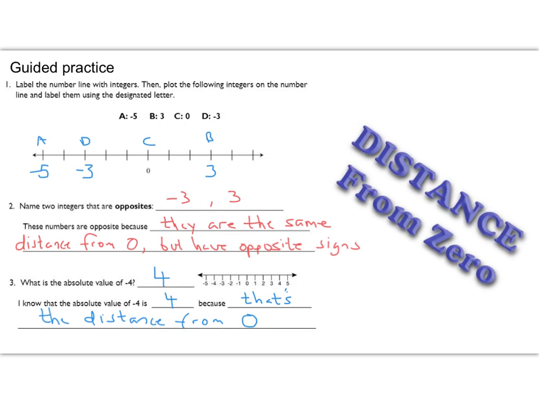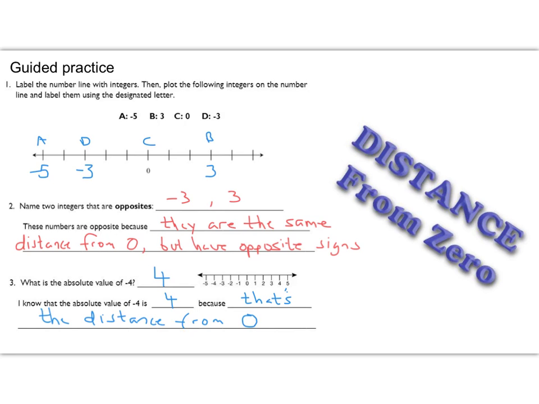And we're really just using the definition of absolute value there. So we know the absolute value of -4 is a positive 4 because that is the distance between -4 and 0.